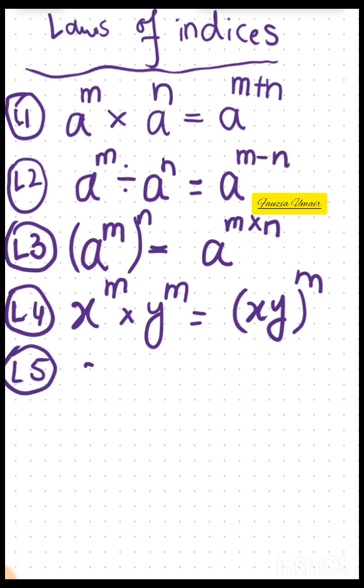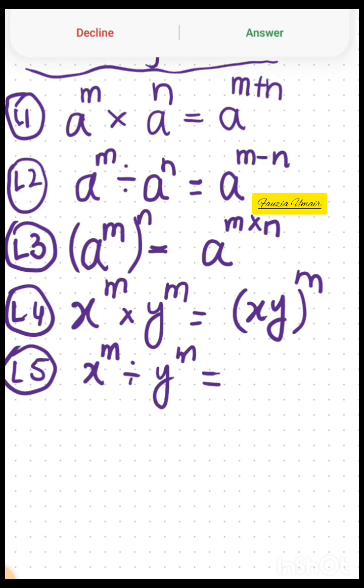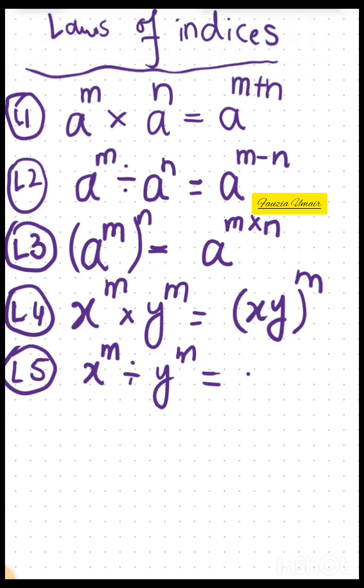So law 5 is, if the powers of the two variables are same and there is a division sign between them, then you can take that power out, x divided by y, and then write it as a whole power m.